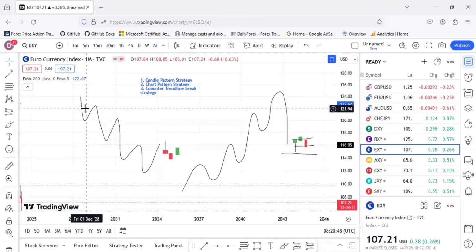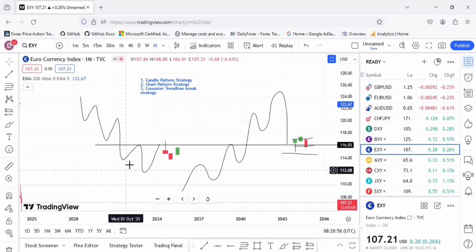So you understand when I say a downtrend, you understand when I say an uptrend. If you don't know that, go and watch my video on market structure. That one will give you a better understanding of what I'm talking about.